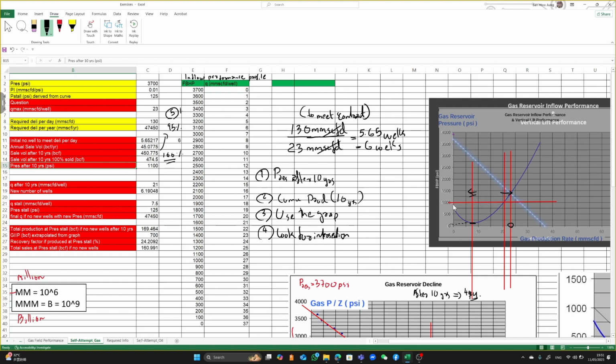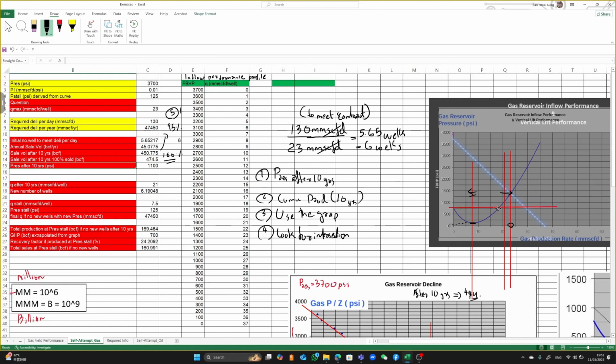So we just need to trace that 1,000 and then 100 line to look at the flow rate of the well that is going to be flowing.